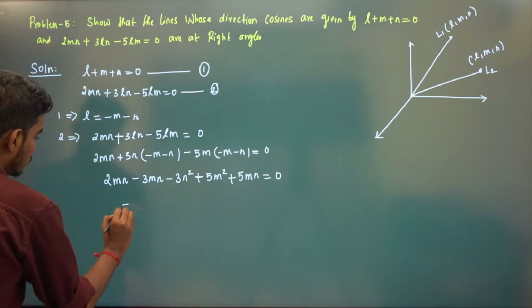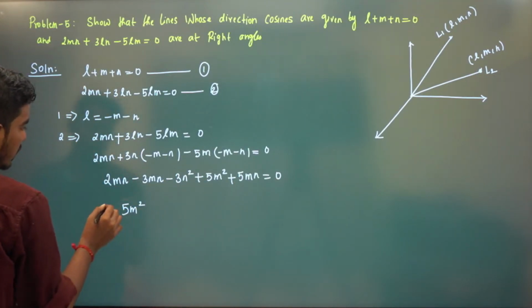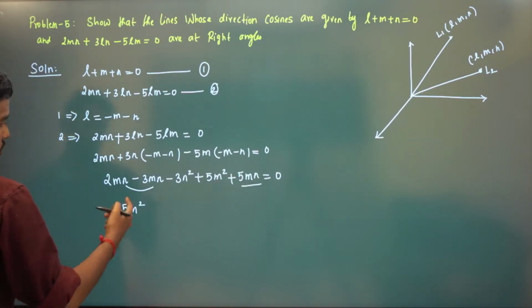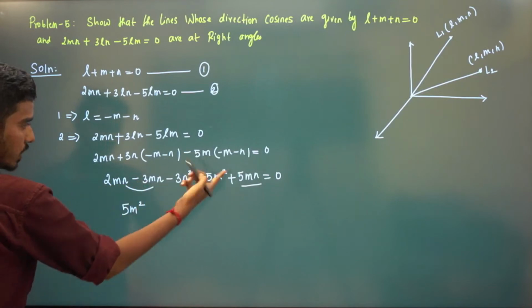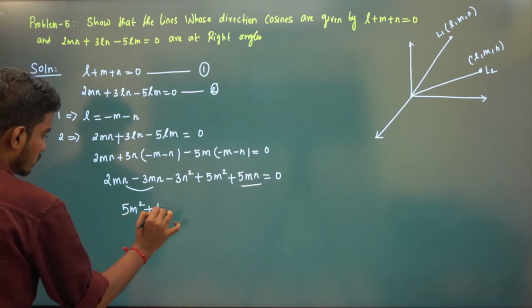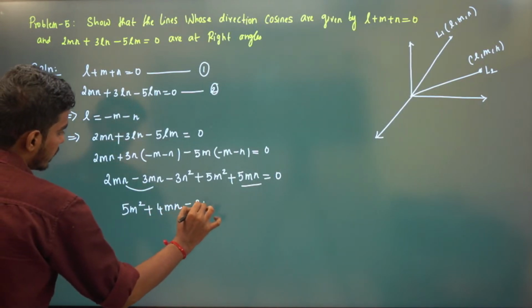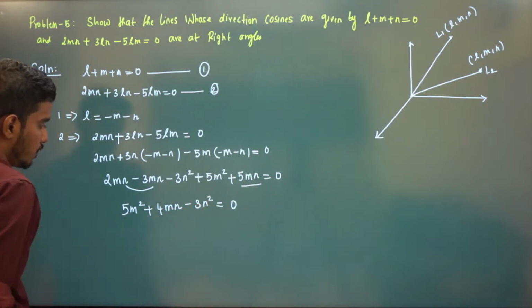So we have 5m², and for mn, 2 - 3 + 5 gives 4. So it will be 5m² + 4mn - 3n² = 0.